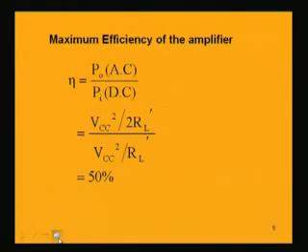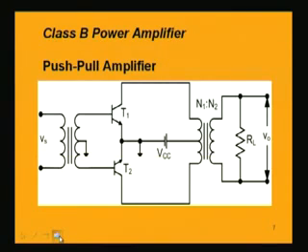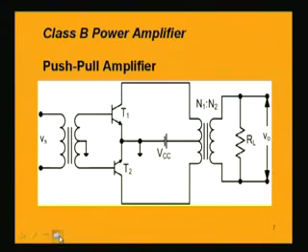Now, if we consider another type of power amplifier, depending upon the conduction angle, we have the class B power amplifier. In class B power amplifier, we know we earlier got that the conduction angle is 180 degree.